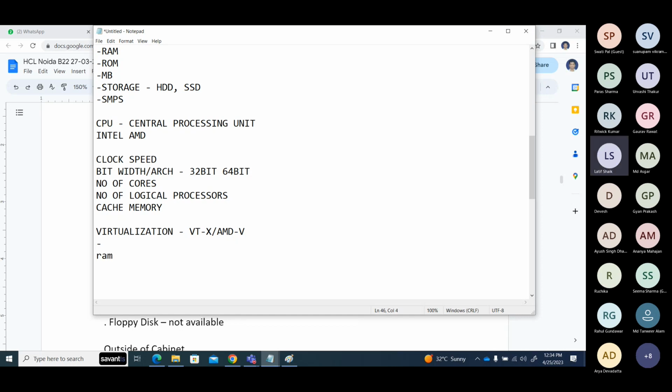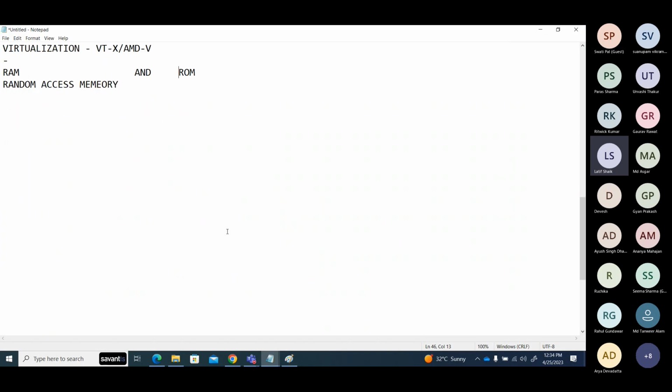RAM and ROM differences. What is RAM? Random access memory. This is a quick review, guys, we don't spend more time on it.